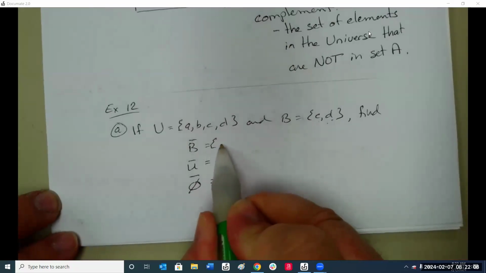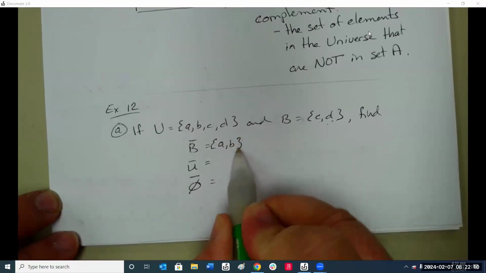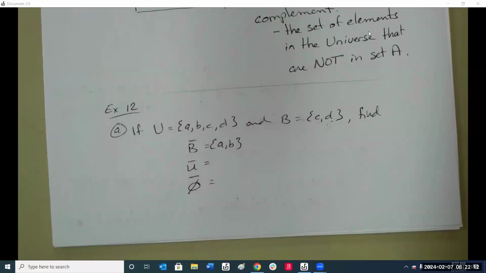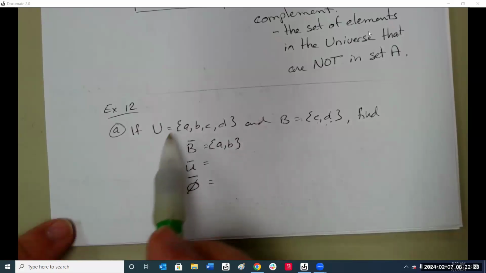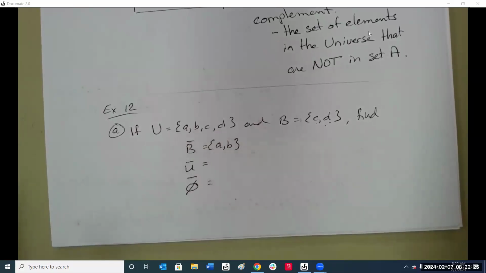So the complement is A, B. What is the complement of the universe? The universe is these. Remember, the universe is the only ones we're dealing with. So if we don't have these, what do we have? The empty set.